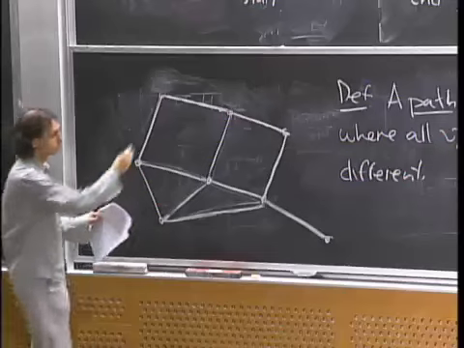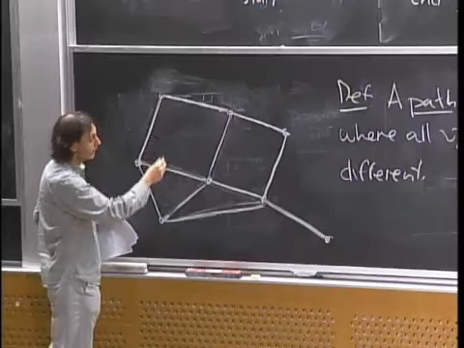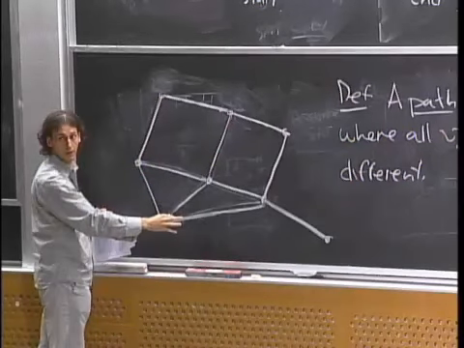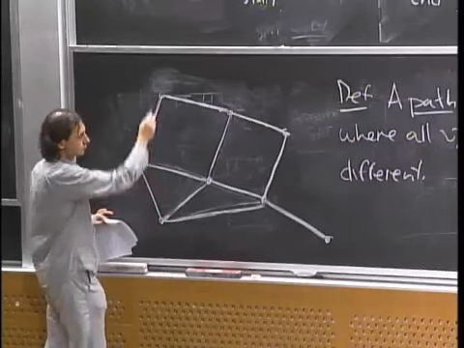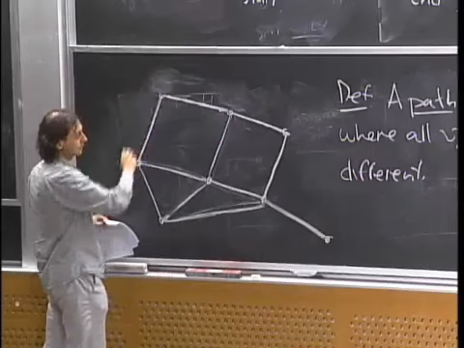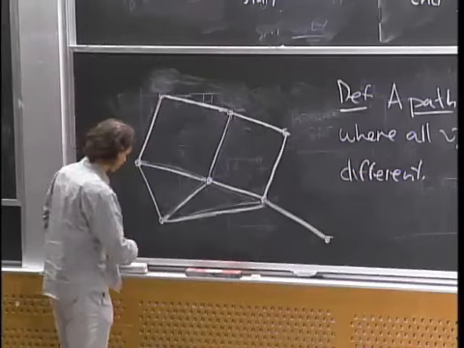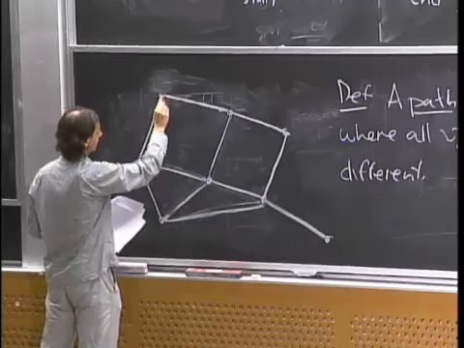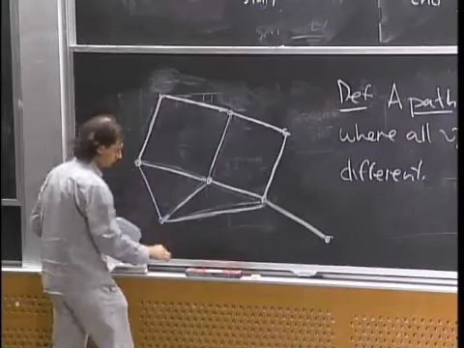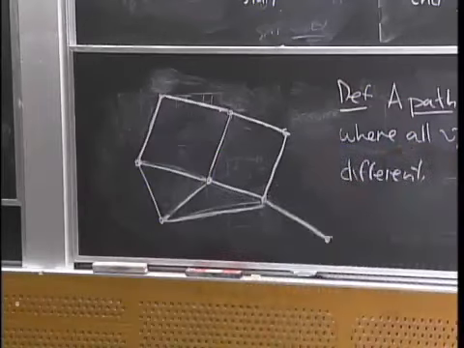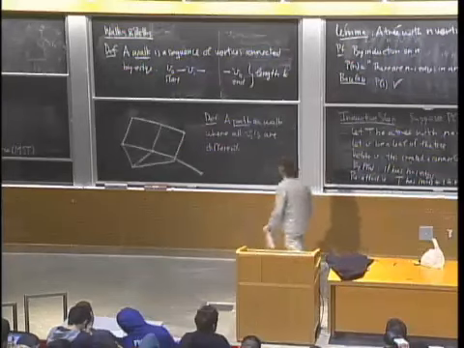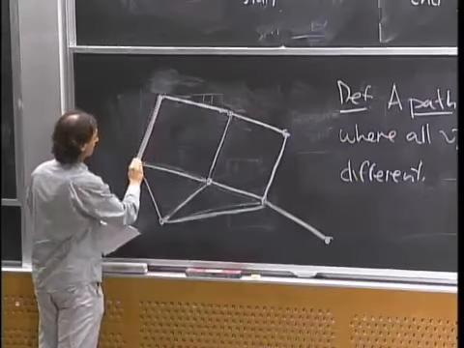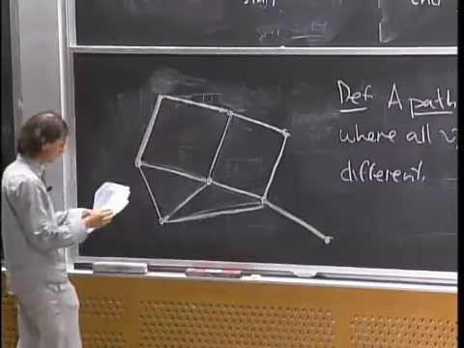A spanning tree is a subgraph of a graph that somehow spans all the vertices within this graph. So it's a tree that touches every single vertex. So for example, we may have a tree that looks like this.